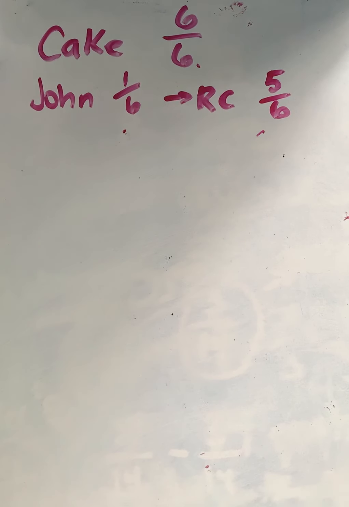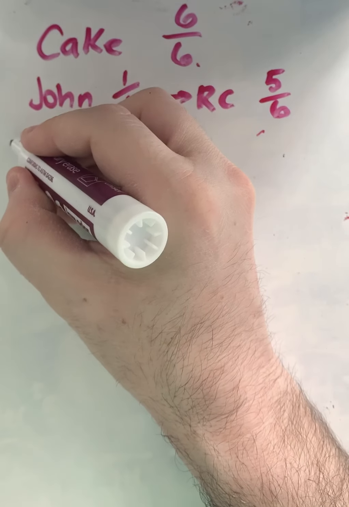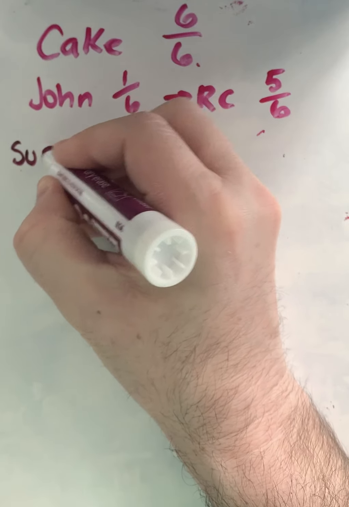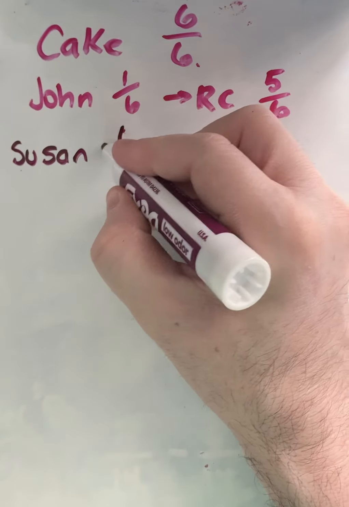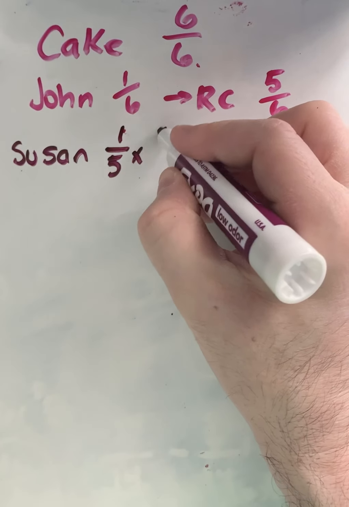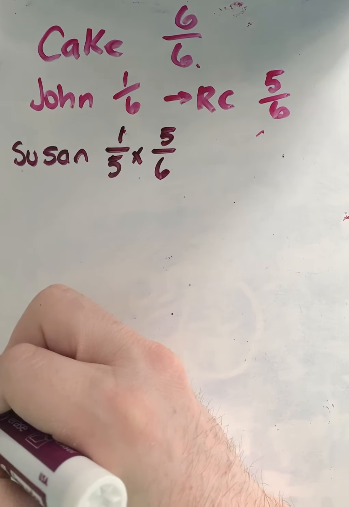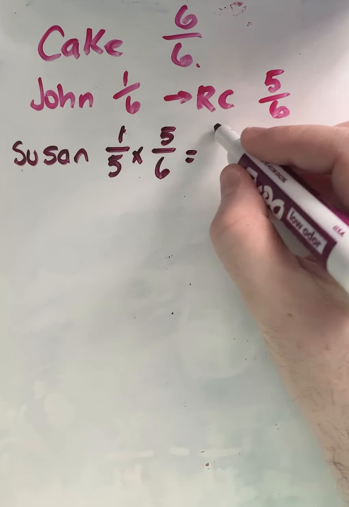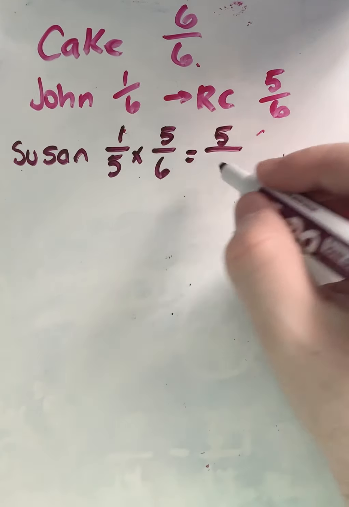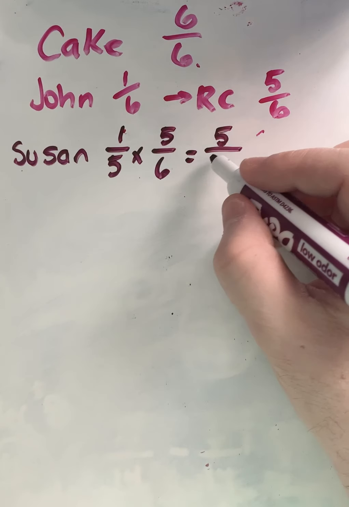And then our friend Susan came along, and Susan ate 1/5 of the remaining cake. So I'm gonna do the multiplication. 1/5 times 5/6. Okay, 1 times 5 is 5. 5 times 6 is 30.